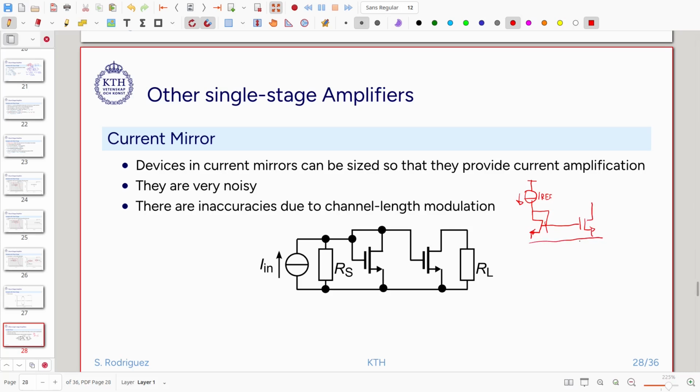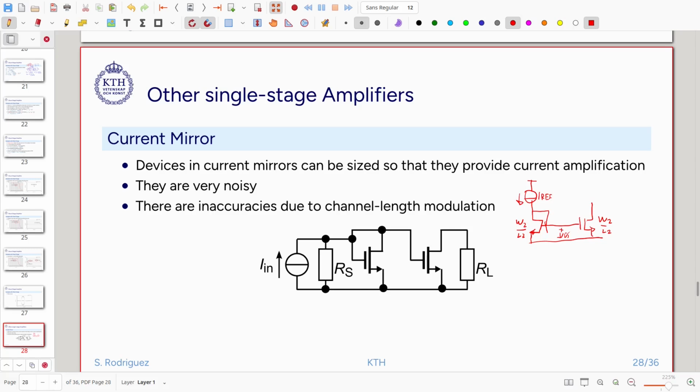Then we have the following connection. So both are sharing the same VGS, but they might have different dimensions. Let's suppose that they have different length and different width, but they share the same VGS.